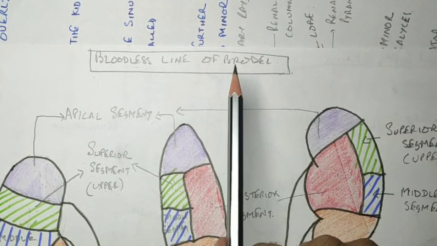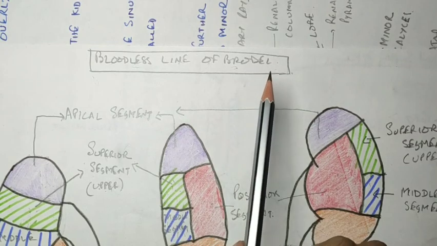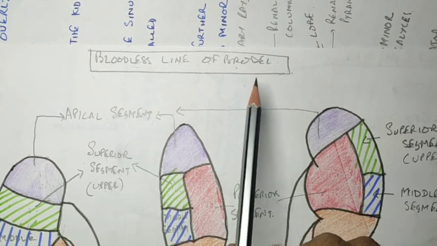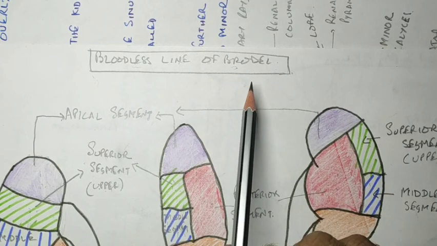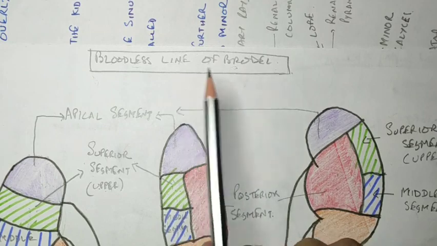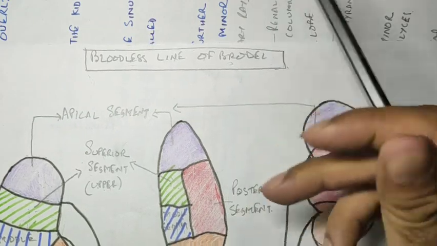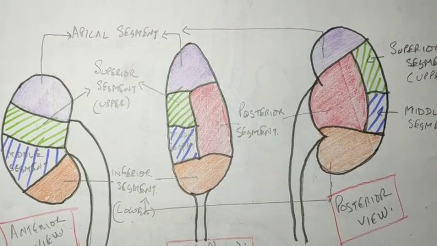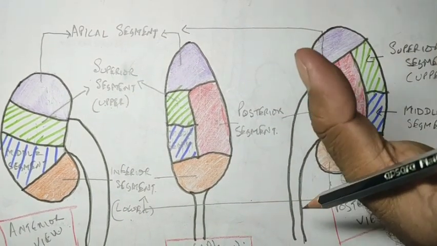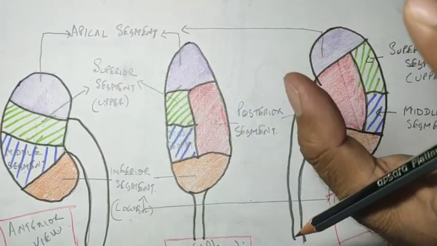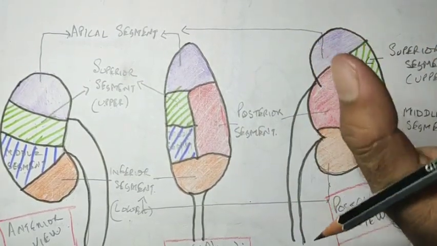Okay, it is on the posterior aspect of the kidney at the junction of the medial 2/3 and the lateral 1/3. Okay, so this is the bloodless line of Brodel. So basically it is an area of relative avascularity or less vascularity between the areas supplied by the anterior and the posterior divisions of the renal artery.